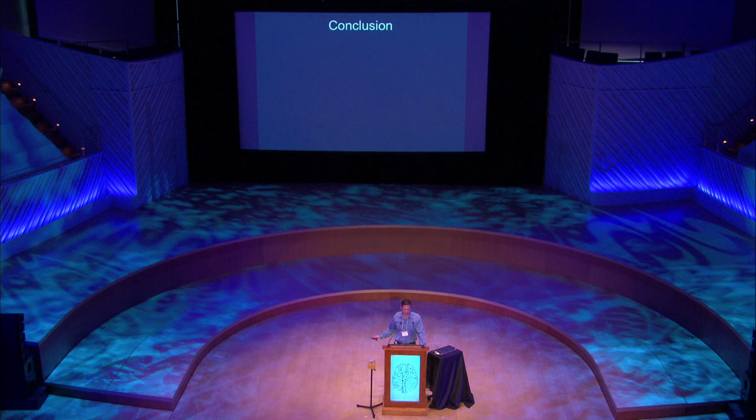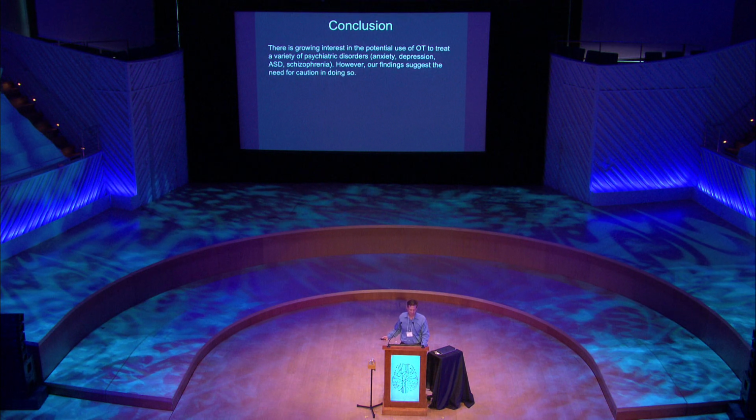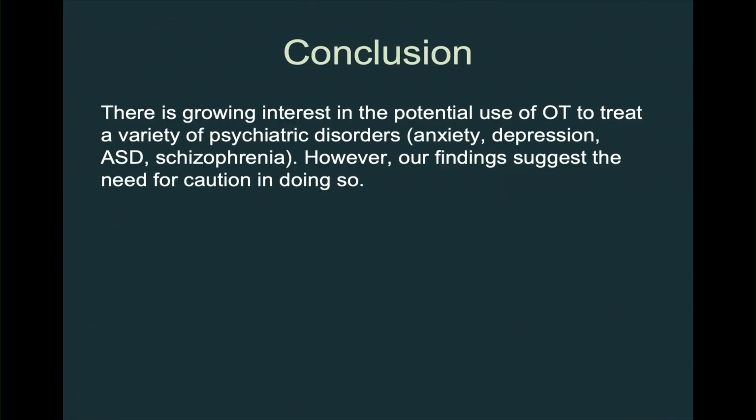And then, so I guess in conclusion, there's a lot of interest among psychiatrists in the potential use of oxytocin to treat social behavioral disorders. But our findings suggest the need for some caution in doing this. And so first of all, the effects differ for men and women.